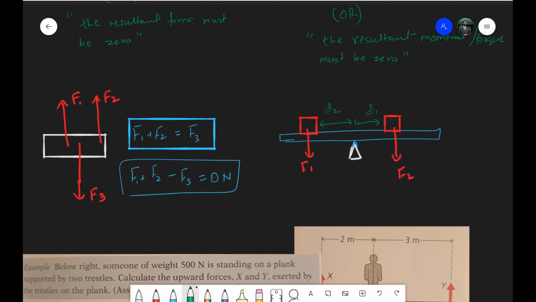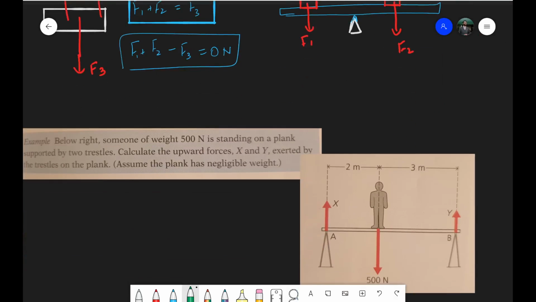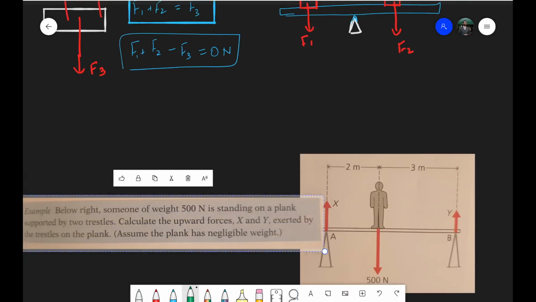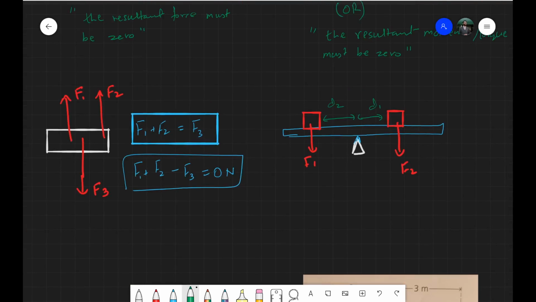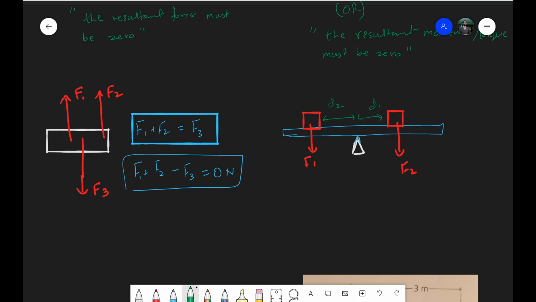So just like the first condition helps you make an equation, the second condition will also help you come up with an equation, and once you form an equation, that is what helps you solve many of the problems. So the equation for moments might look like this.